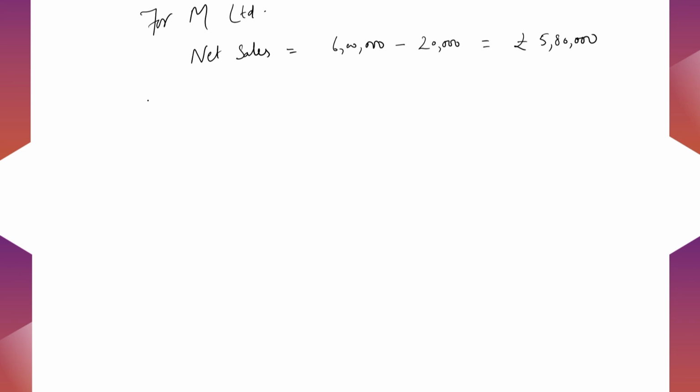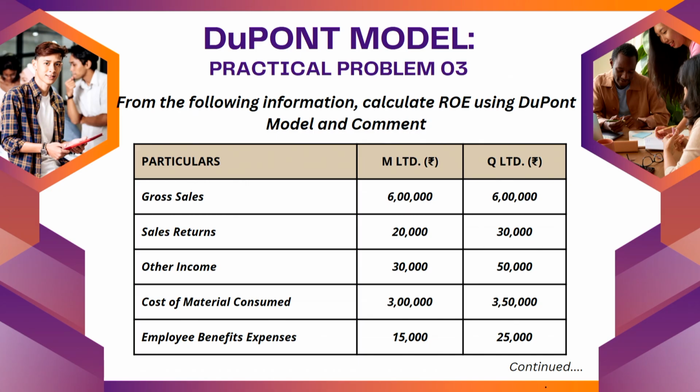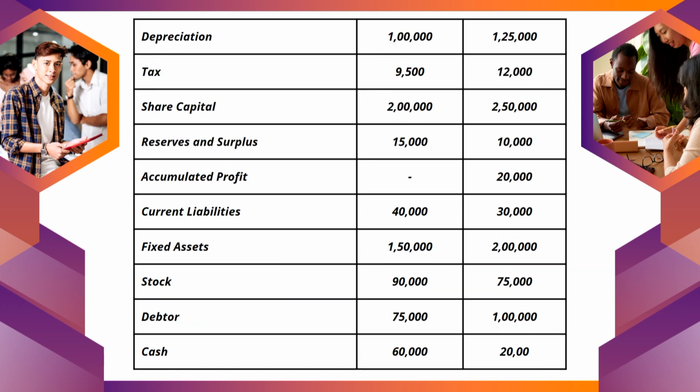Next is the computation of net profit. Net profit of the company will be computed like this. What information is provided in the question? We start from that. We are given other income, we are given cost of material consumed, we are provided the employee benefit expenses and the depreciation.